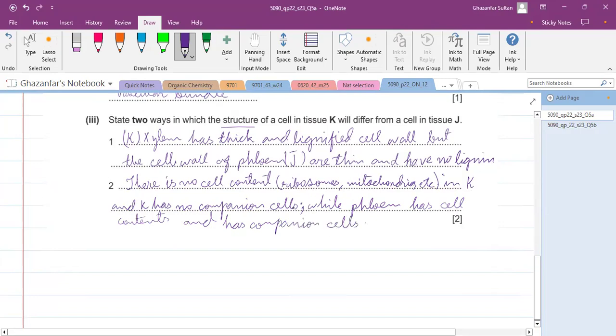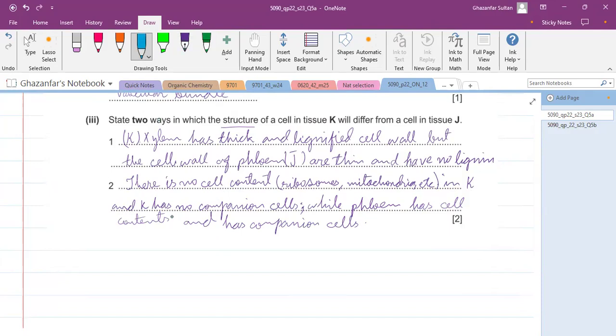Okay. And one more difference, although our required answer is completed here, I'm telling you just for your information: the xylem has no end walls or cross walls. This is the additional point.